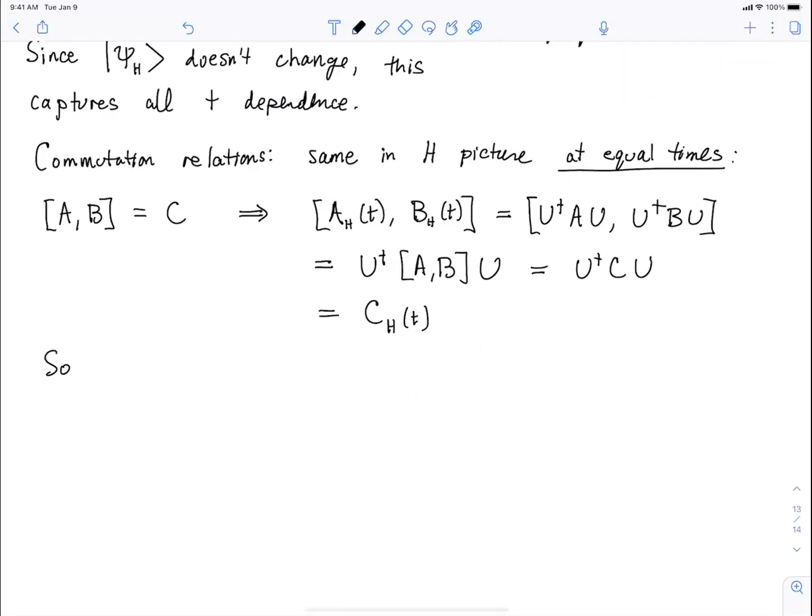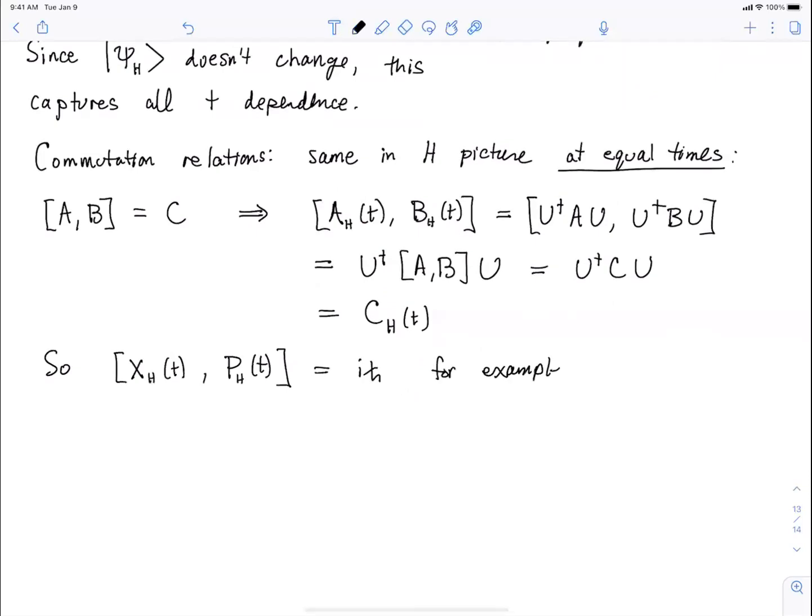Okay, so for example, if I do the commutator of X and P in the Heisenberg picture at equal times, I get i h bar just like I get in the Schrodinger picture.